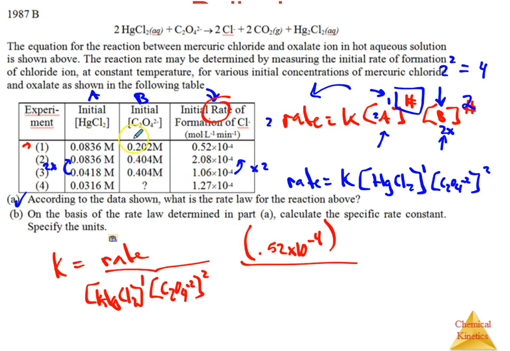Okay. In experiment 1, my concentration of HgCl2 was 0.0836, and I raised that number to the first power. So that was this one. In experiment 1, my oxalate, C2O4, concentration was 0.202.